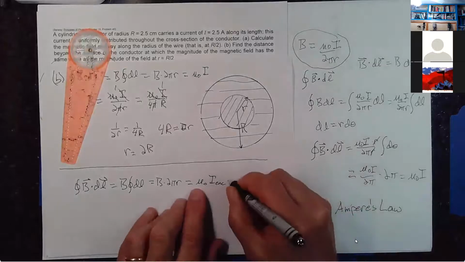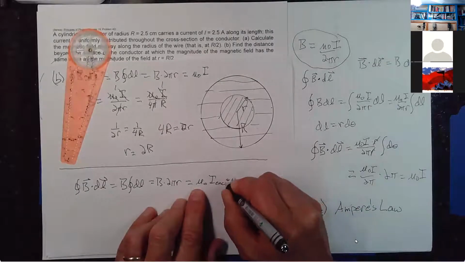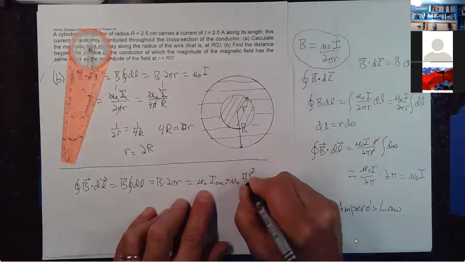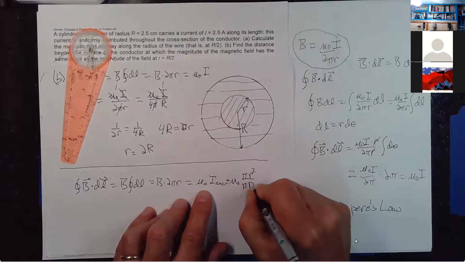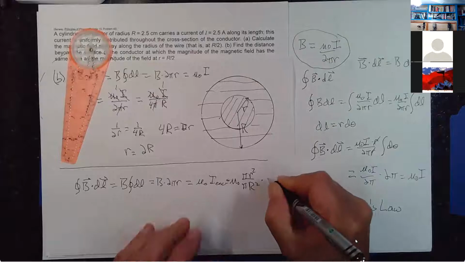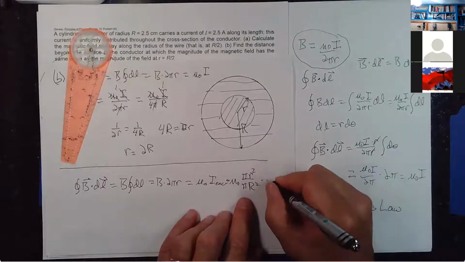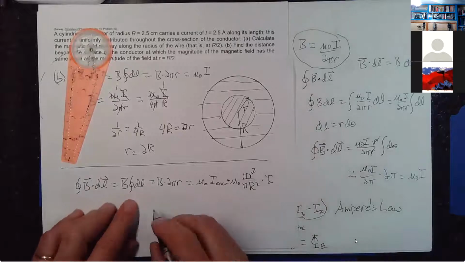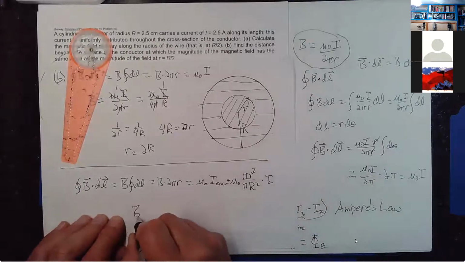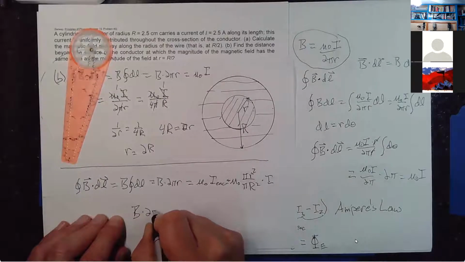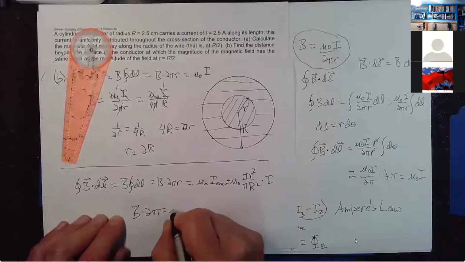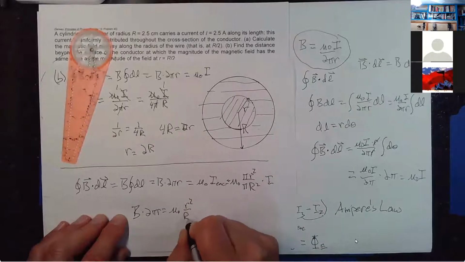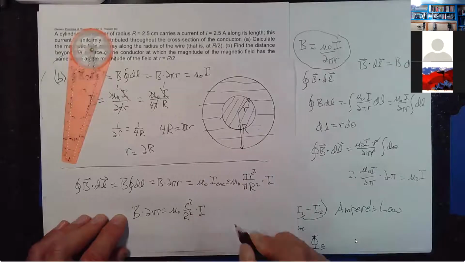So anyway, it'll end up being mu naught times pi little r squared divided by pi capital R squared times just the current. And so in the wire, B times 2 pi r will equal mu naught little r squared over capital R squared times I.